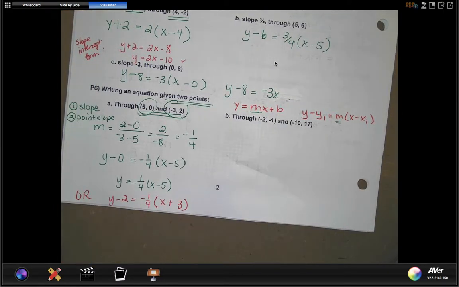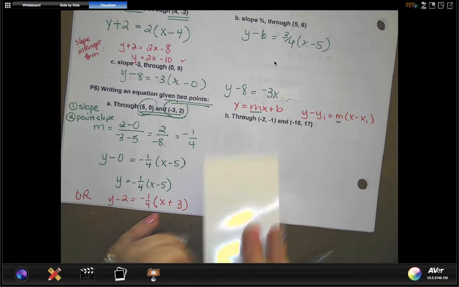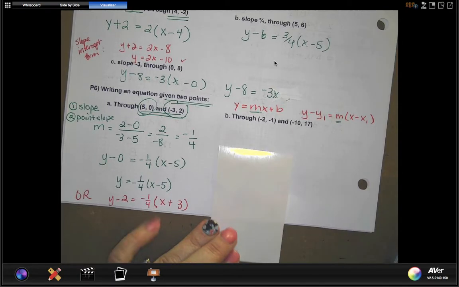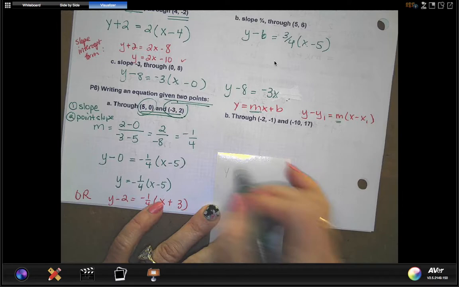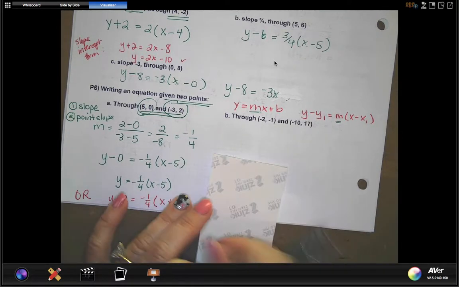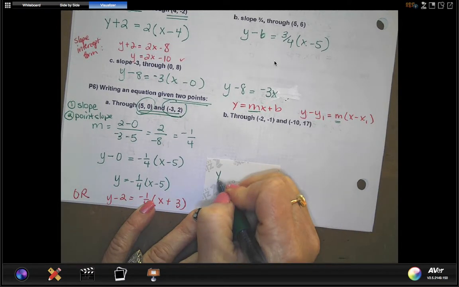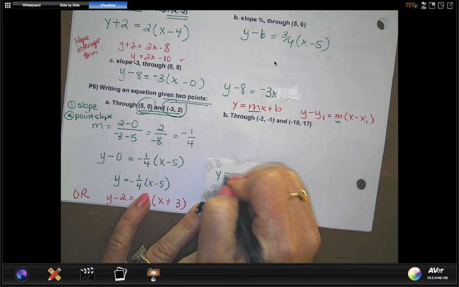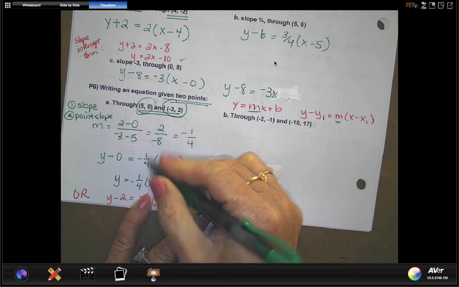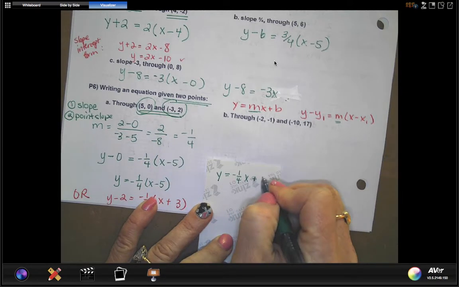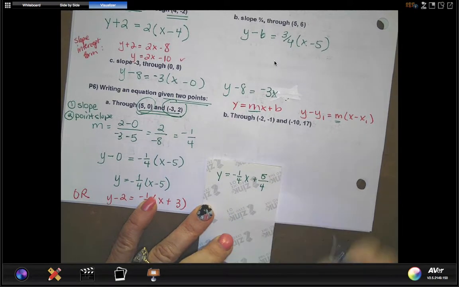The thing is, too, what you should realize, if I wrote this as slope-intercept, I would end up with, that's not going to work. I'd end up with y equals negative 1/4 x. So then I distribute that negative 1/4 to the negative 5, so I'd get positive 5/4.